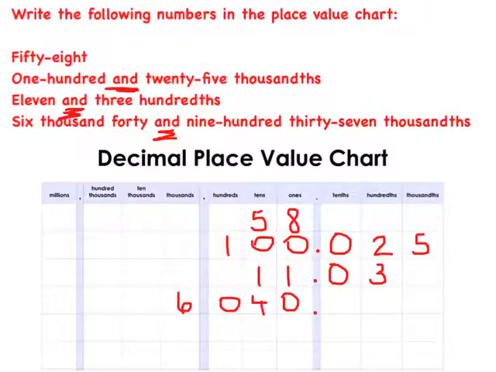And 937 thousandths. 937, and it scoots into the thousandths place. Well, here's my thousandths, and I need 937 to scoot over there. So I would have 6,040 and 937 thousandths.